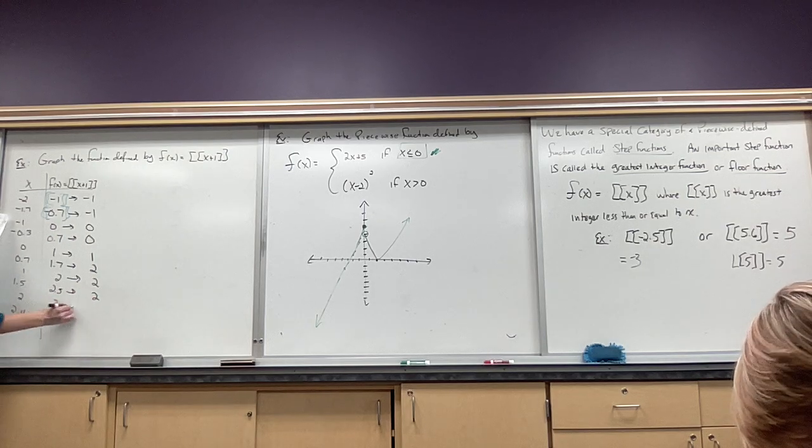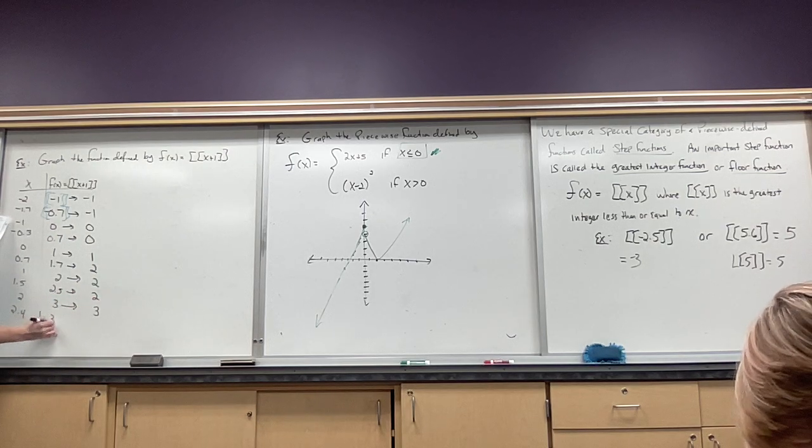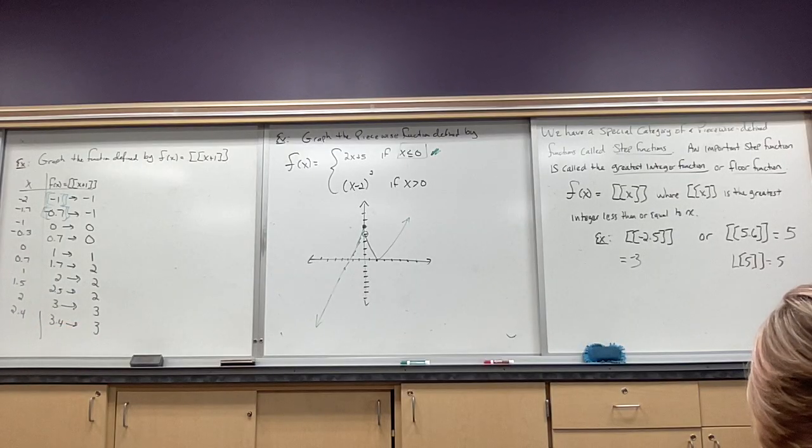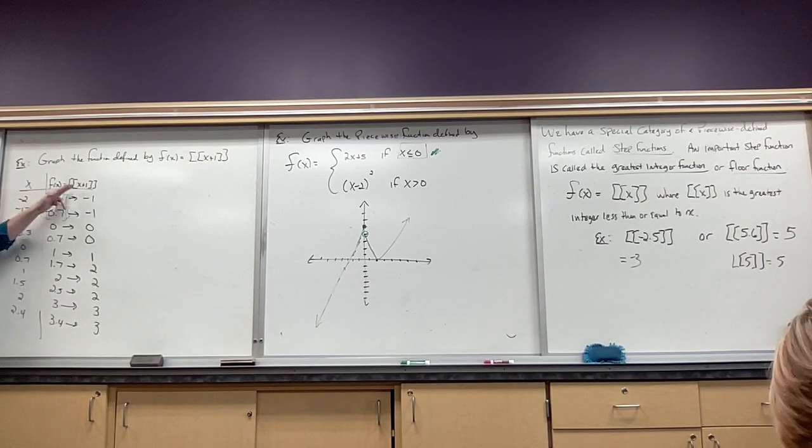If I plug 2 in, I get 3, which gives me 3. And 2.4 gives me 3.4, which is 3. So again, I'm plugging -2 into here, I get -1. Take the brackets, that gives me -1. These are my final answers, this last column.